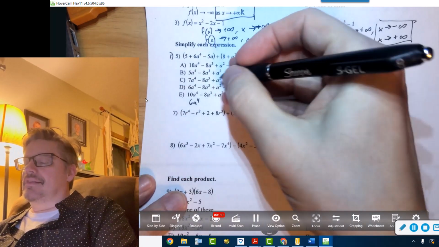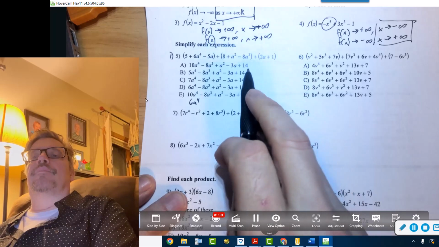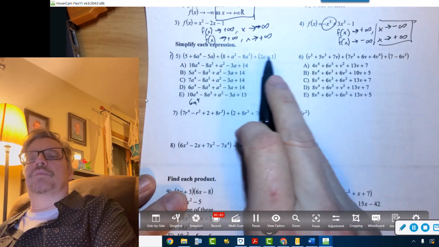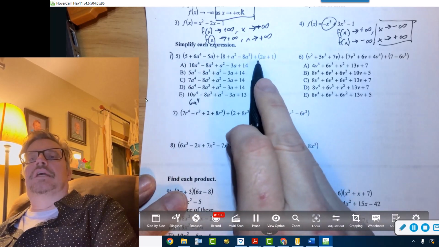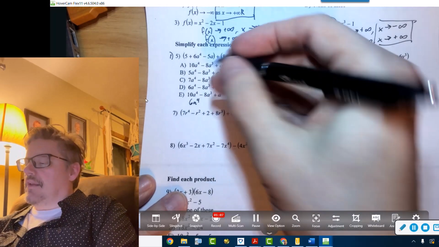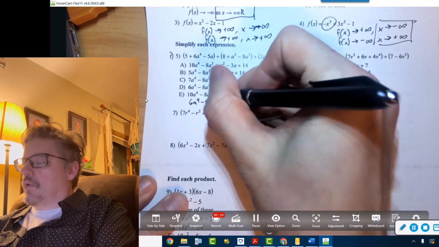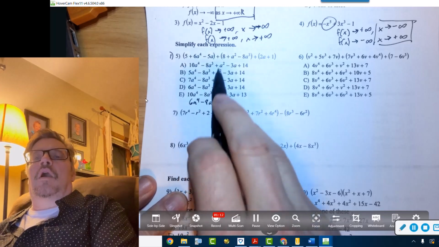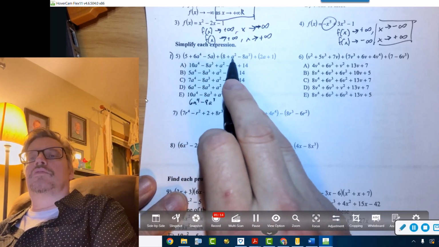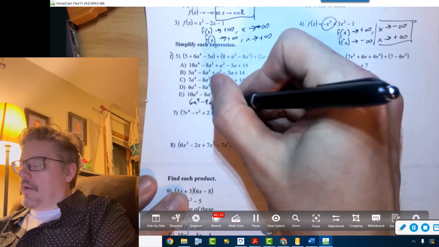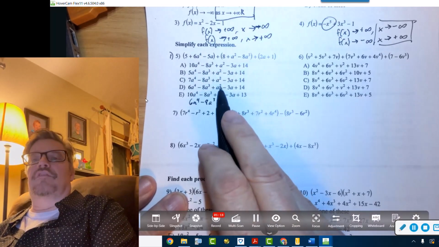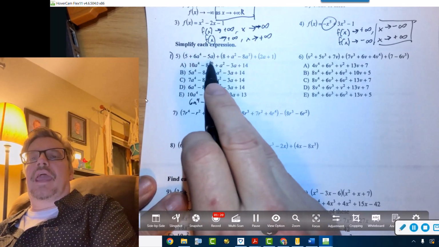But let's look at a to the 3rd. Since we're adding all of these, we can really ignore the parentheses. So a to the 3rd, it looks like it's negative 8a to the 3rd, which is verified here. Then a squared, just 1a squared, which is also verified in our answer. What about a?